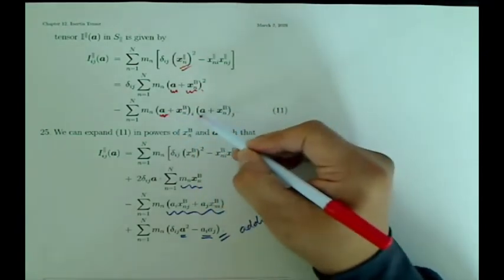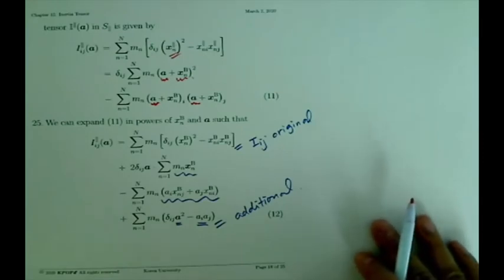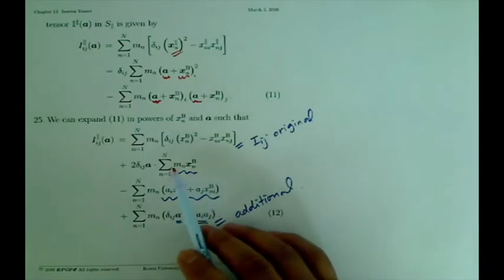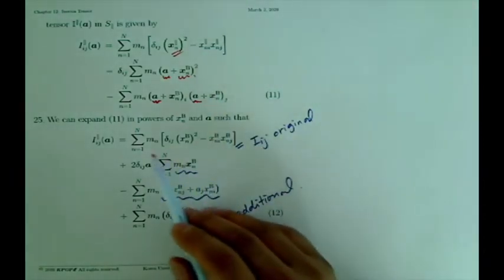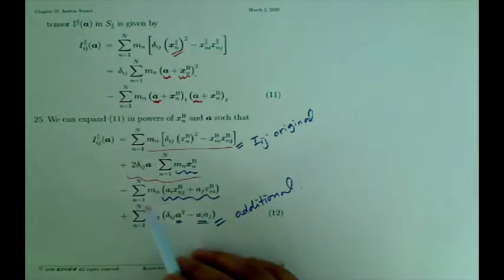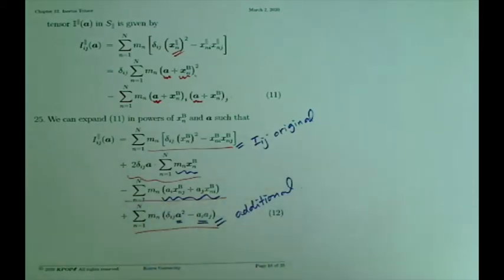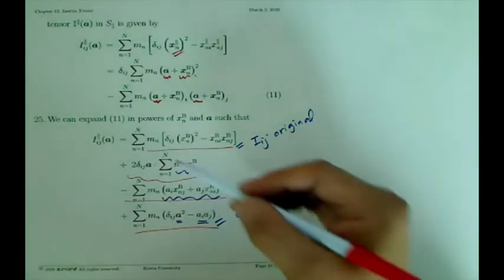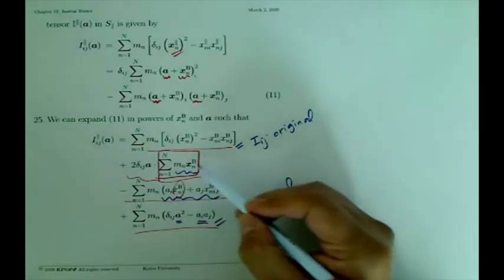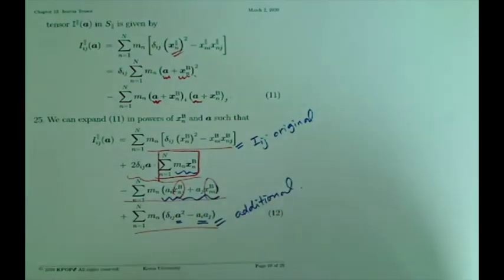So with the addition of this finite shift vector, we expand in powers of A: no A, single A, and double A. Single A has a contribution of this or this, but everything vanishes because this is the center of mass in the body coordinate system.